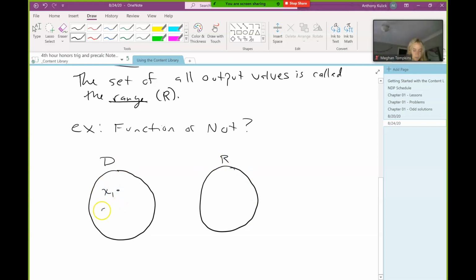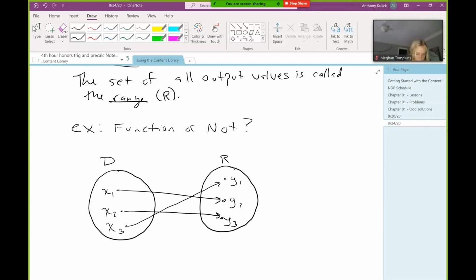Remember that a relation is the generic term for an assignment between two sets that may be a function or may not be a function, right? You guys remember that term? So this representation of a relation is called a mapping diagram. And it visually shows how the elements in one set are paired to the elements in another set.